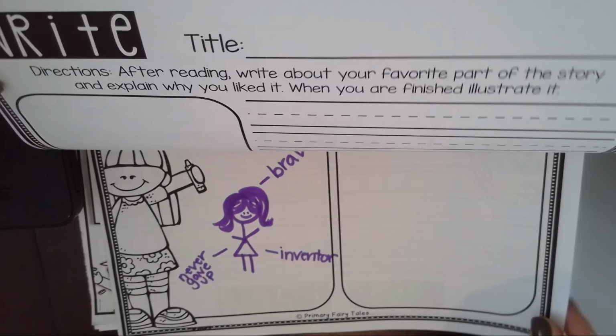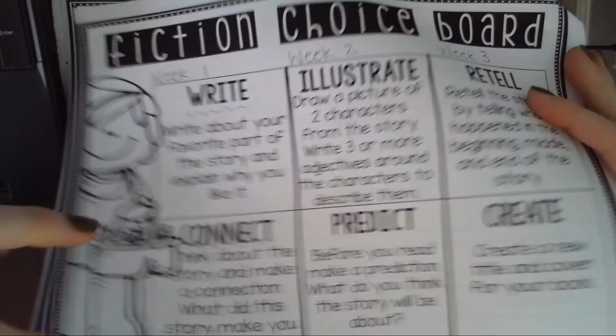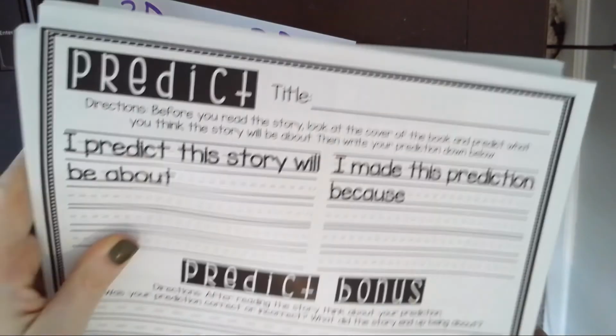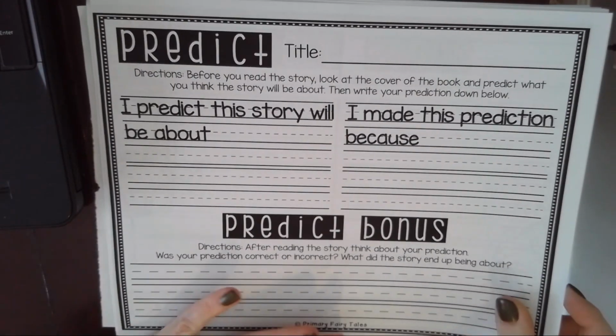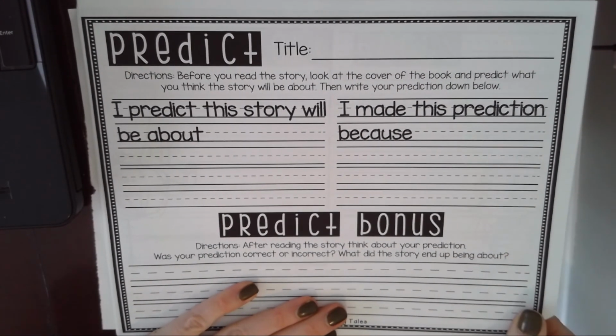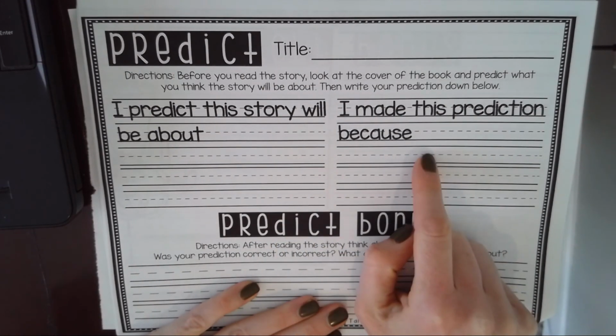You can do your recording on the page that says predict. And there is a sentence starter for you. It says, I predict the story will be about. You can finish that sentence and then tell me why you made this prediction.